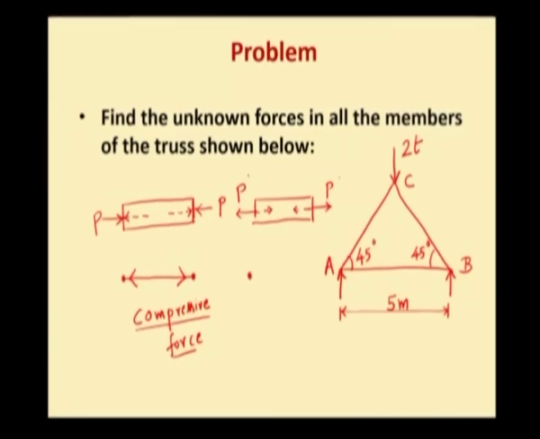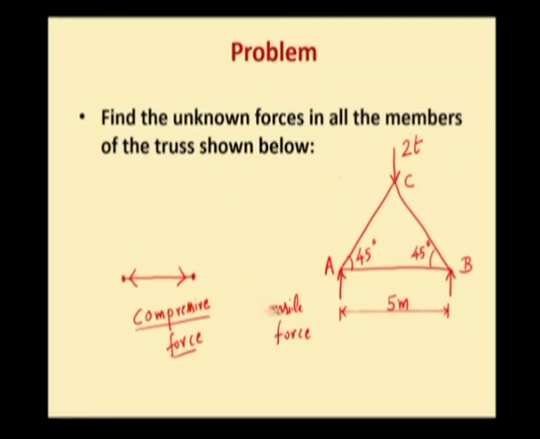So, a member subjected to tensile force will be indicated like this. The member is indicated by a line. At the ends you have 2 joints. The arrow mark will be pointing away from the joints like this. So, this is how we denote tensile force, that is, the 2 joints will be pulled by the tensile force towards one another. Now, let us come to the problem.